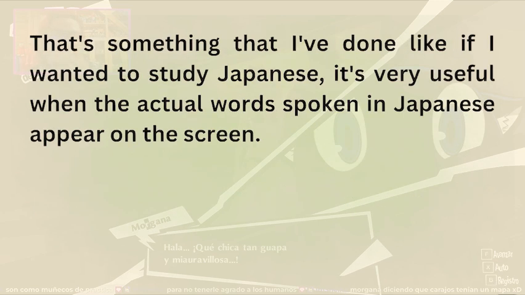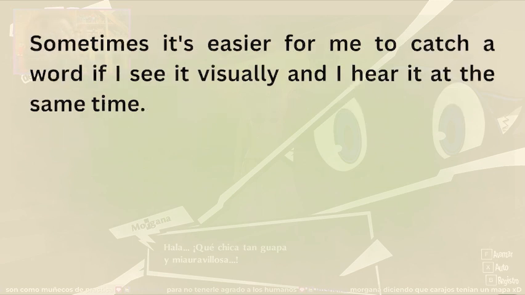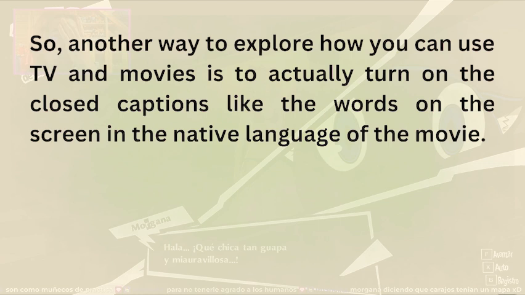That's something that I've done. If I wanted to study Japanese, it's very useful when the actual words spoken in Japanese appear on the screen. Sometimes it's easier for me to catch a word if I see it visually and hear it at the same time. So, another way to explore how you can use TV and movies is to turn on the closed captions, the words on the screen, in the native language of the movie.